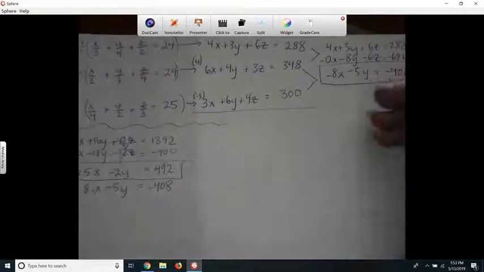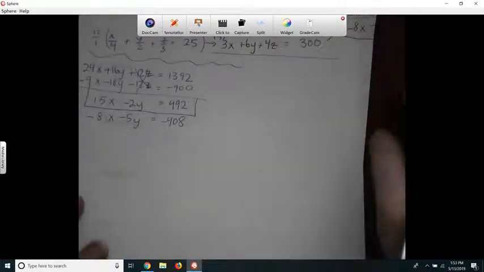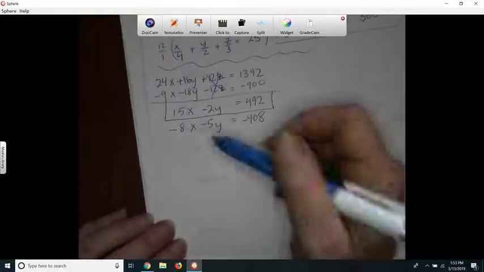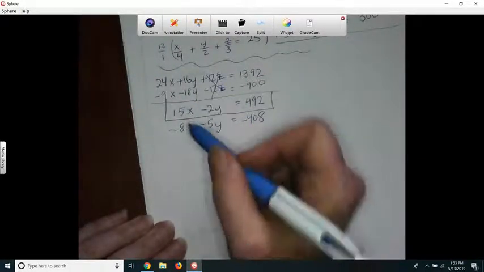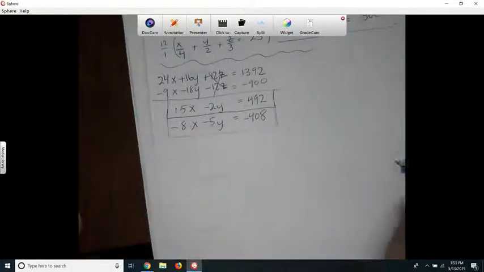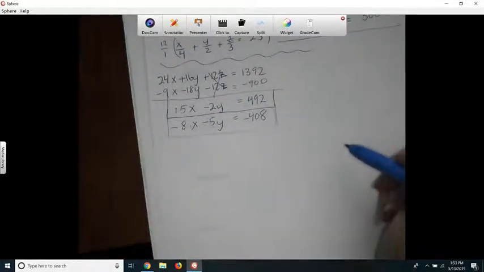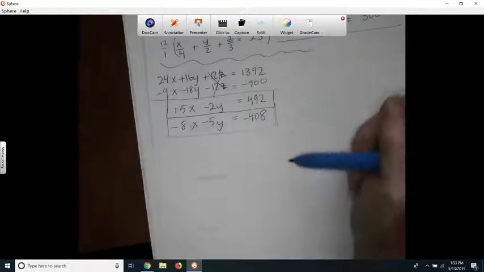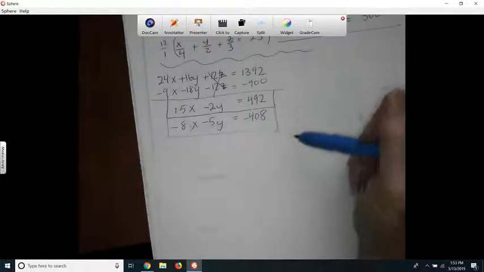I use tape. So that's a little better. So now I have these 2 equations and 2 unknowns right here. So it's a system of 2 equations, 2 unknowns. Is there anything easy I can do here to solve?